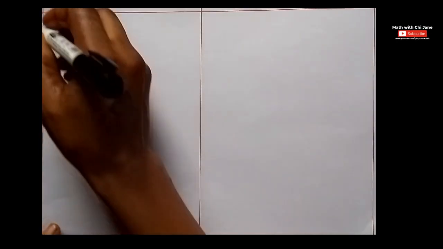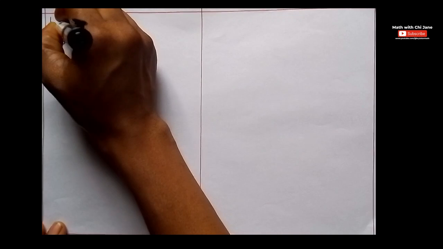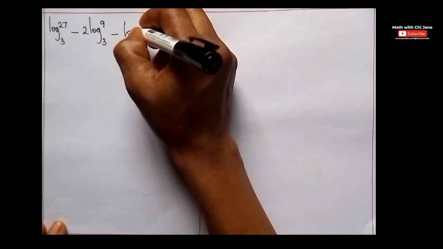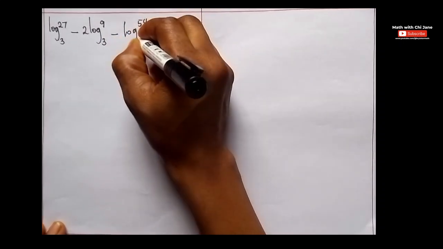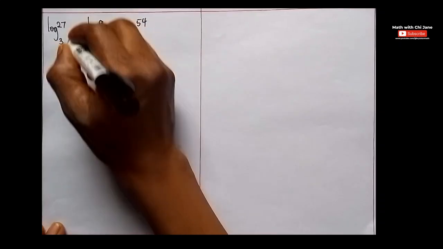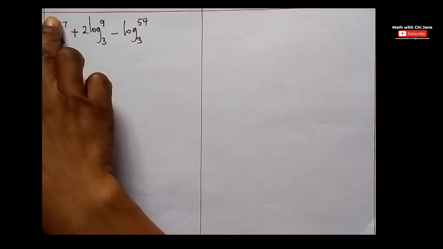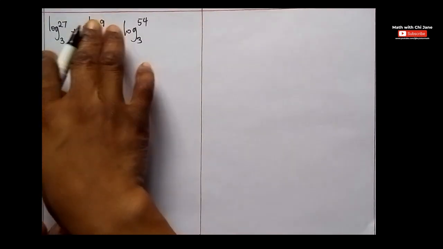Okay, now to simplify this: log 27 base 3 minus 2 log 9 base 3 plus log 54 base 3. Sorry, this is plus. Now remember the rule of logs, that when it is addition, you are multiplying the numbers.